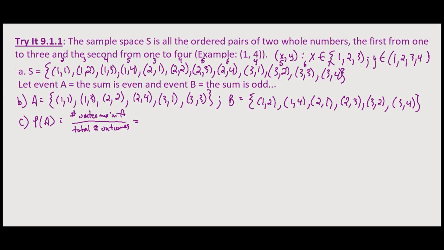And then how many outcomes are there total? Well, if we look at the sample space again, there are 1, 2, 3, 4, 5, 6, 7, 8, 9, 10, 11, 12 possible outcomes in the entire set. So we're looking at 6 outcomes in event A over 12 possible outcomes, which equals 1/2.